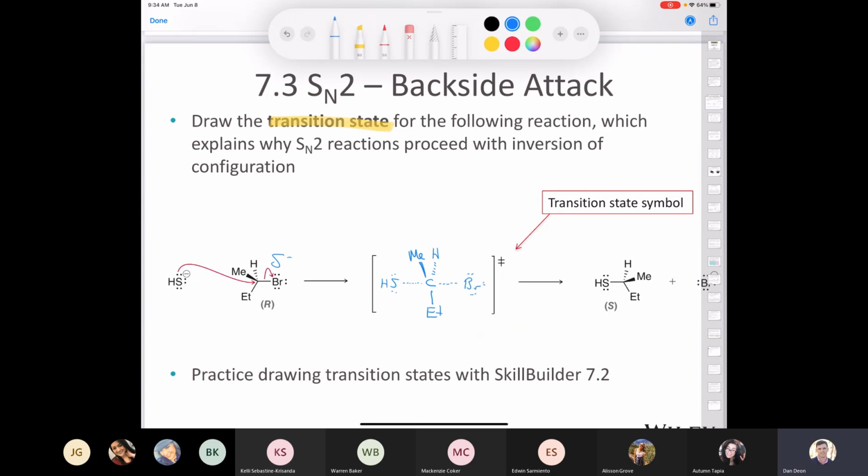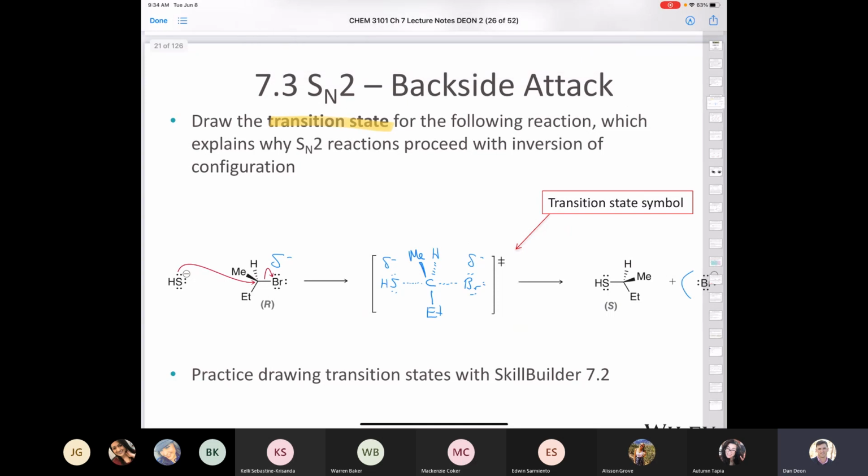What does that tell us? It tells us that these are not bonds. This is an intermediate state where this bond is being broken and this bond is being formed. To represent it more accurately, we put a delta minus over here and a delta minus over here, to say this is partially negative because it's the nucleophile coming in, and this is partially negative because it's taking the electrons from this bond to become the bromide ion, which is kind of lost over here. So that's what a transition state looks like.